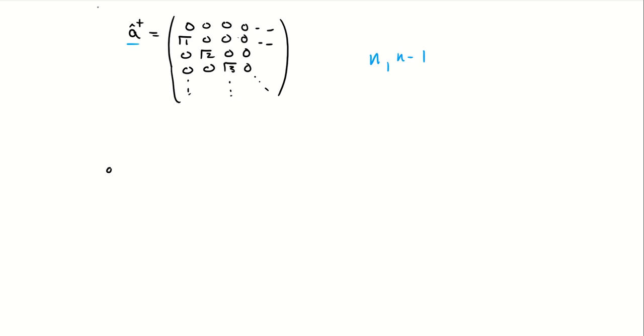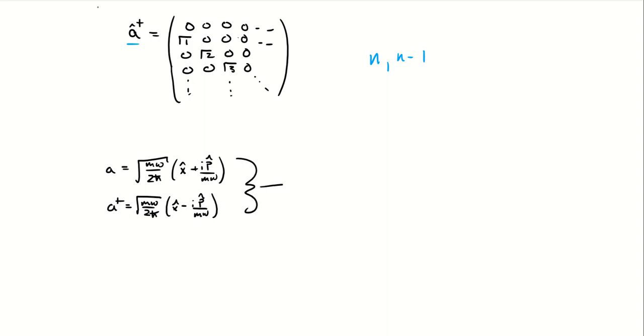We know that our lowering operator is equal to the square root of m omega over 2 h bar, times the position operator plus i, the momentum operator over m omega. And the raising operator is the complex conjugate of that. So what we can see from that is that if we add them together or subtract them, we're going to get the position and momentum operators.